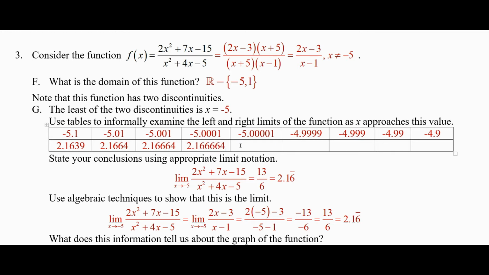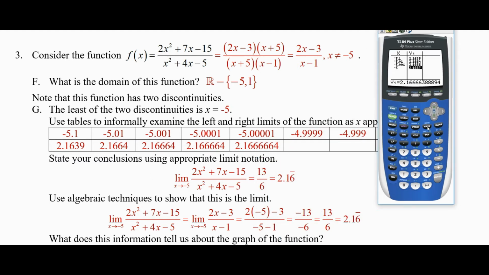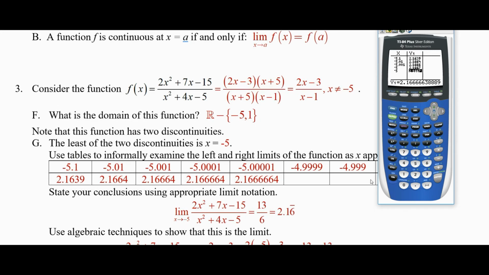I bet this is 2.1, 5 6s and a 4, given the pattern. Let me check that out on the calculator here. -5 point, and I want 4 zeros, a 1. And if I go over here, yep, works out the same way.